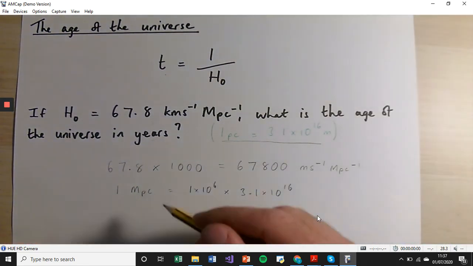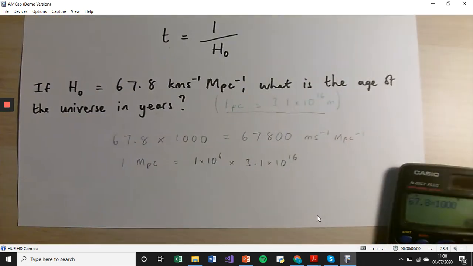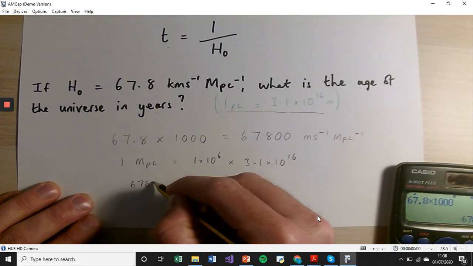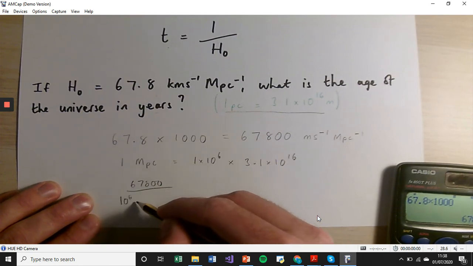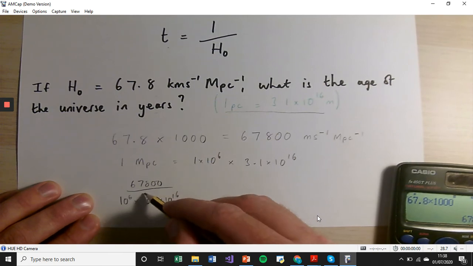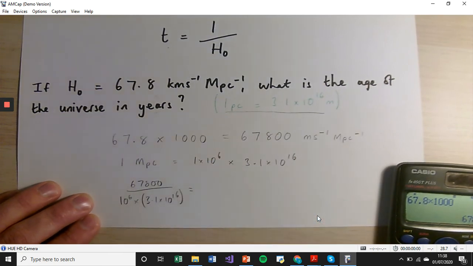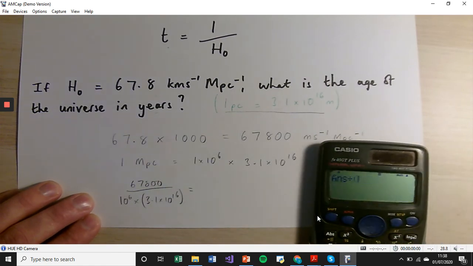So I'm going to write this out. So 67,800 over 10 to the 6 times 3.1 times 10 to the 16. So I've got that in the calculator memory already. I'm going to do 1 times 10 to the 6.